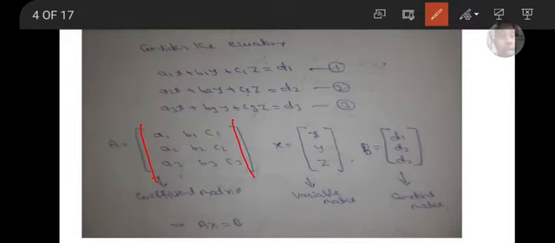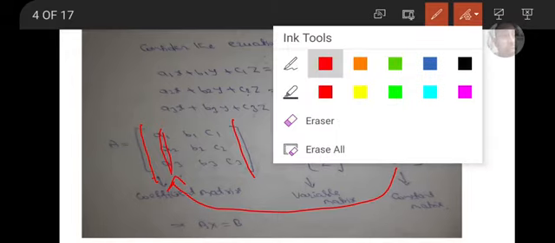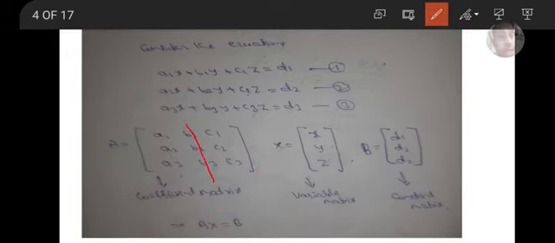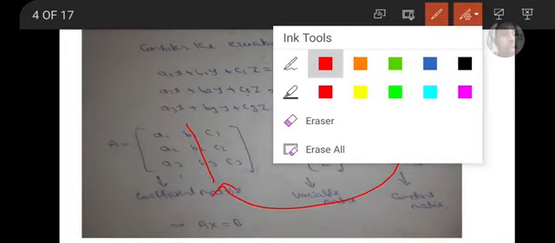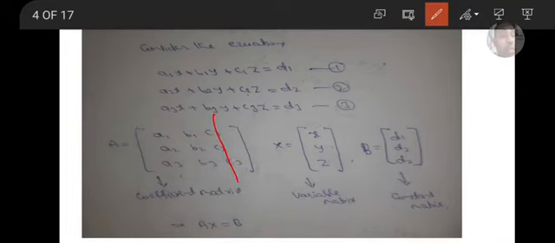Next delta 1: remove this column and replace with d1 d2 d3. Then remove the second column and replace with d1 d2 d3, that is delta 2. And next remove the third column, replace the third column with d1 d2 d3, and that is delta 3.